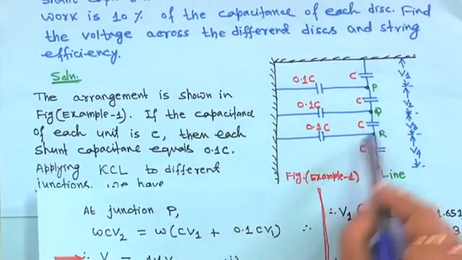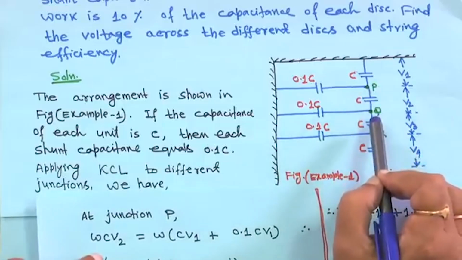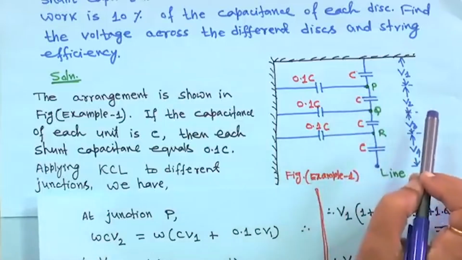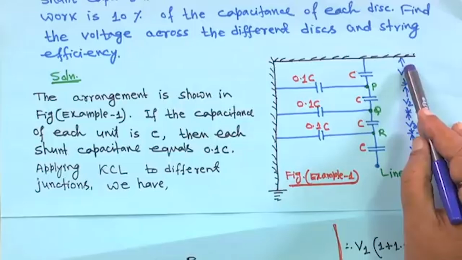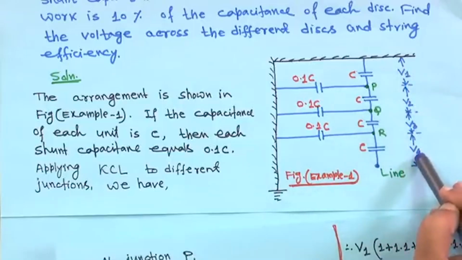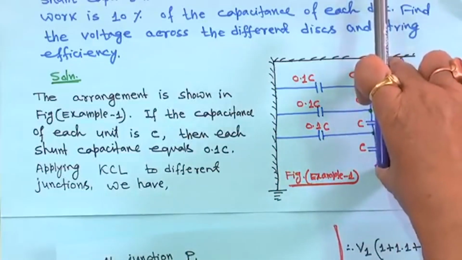At junction P, the voltages are V1, V2, V3 and V4. The total is V1 plus V2 plus V3 plus V4.